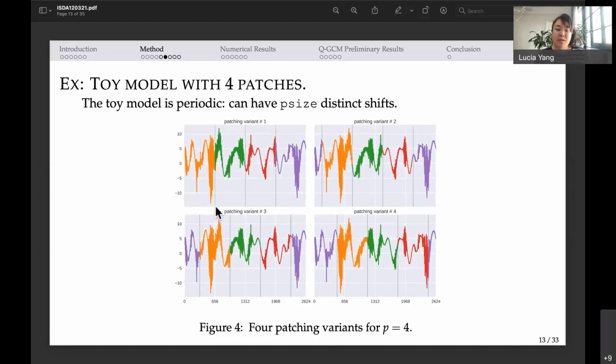Because if we always divide using just this first patching scheme, we could have extra errors popping up at these 3 specific patch boundaries, which would lead to a non-uniform distribution of errors. And so we want to avoid that. The way we do that is by using these distinct shifts. And yes, this works only because this problem is periodic, but that's the problem that we're starting out with.